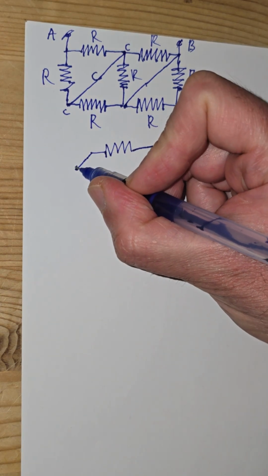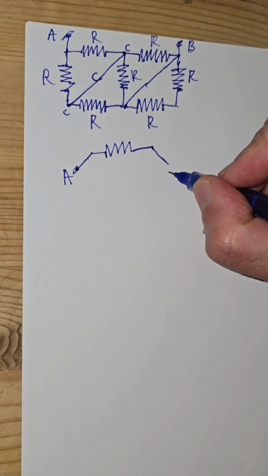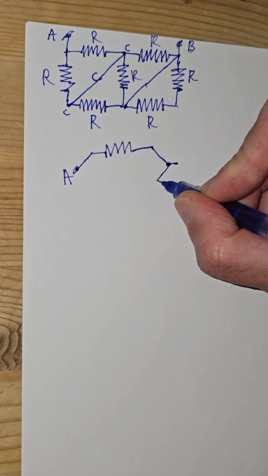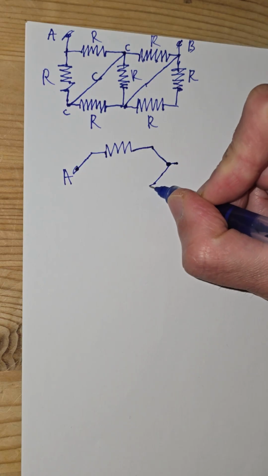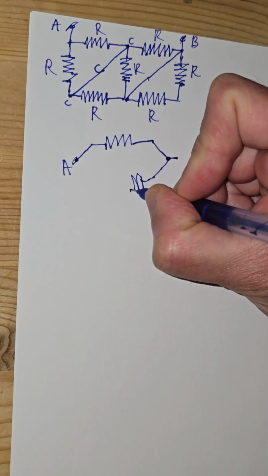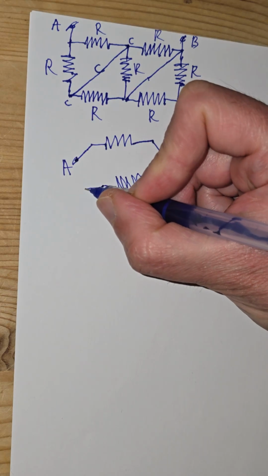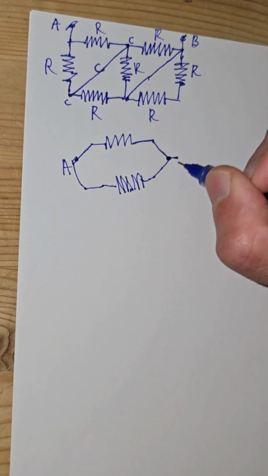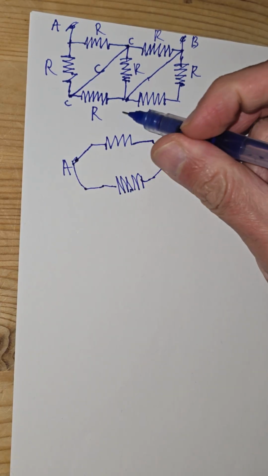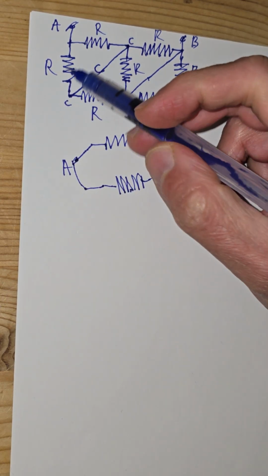This is A, because here we have A, and here we have C. What we get is a parallel connection, not series, of these two resistors.